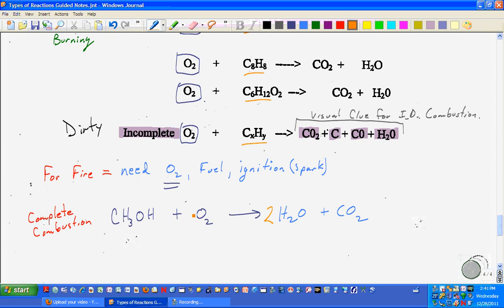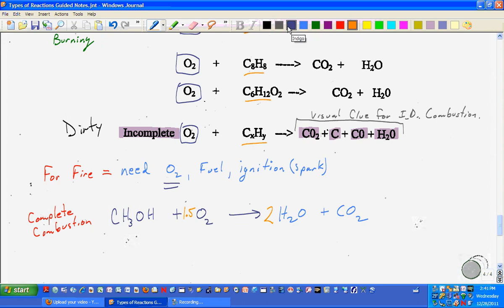It'd be nice if I could go with 1.5 of these. If I could go 1.5 of those, then I'd be balanced, right? Because 1.5 times 2 is 3, plus another one is 4, and then my hydrogens, oxygens and carbons would all be in balance. Well, I can do that, but I can't leave that as a half.